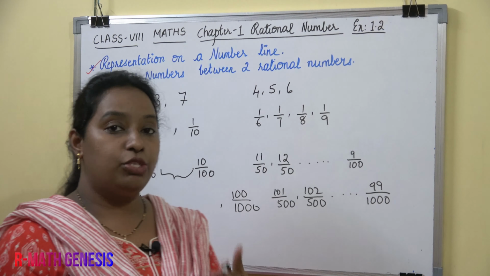If we want to find a rational number between 1 by 4 and 1 by 2, we'll be using method 1.